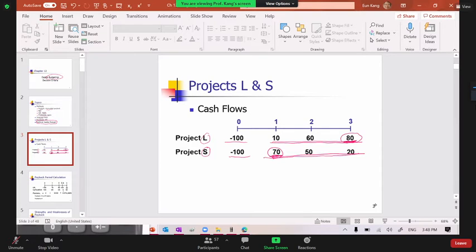But since we did payback period, let me check. What is the payback period of L? Anybody? Try to remember.